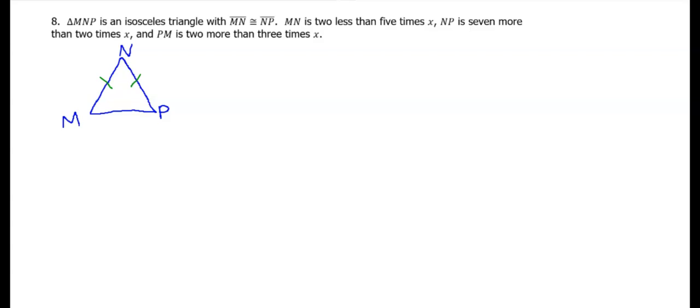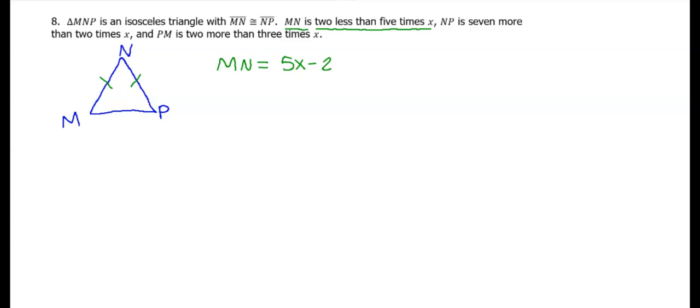And now I'm going to look at the rest of the instructions. It says MN is 2 less than 5 times X. So I am going to write this as MN is 2 less than 5 times X. Since I'm taking away the 2, I have to have the negative with the 2, and I put it at the back.